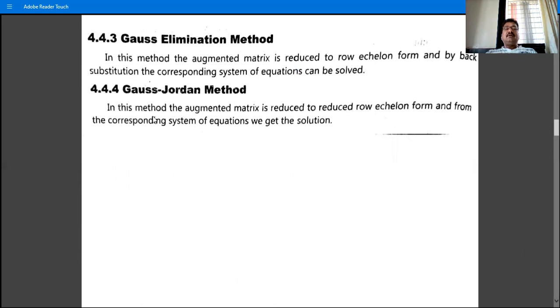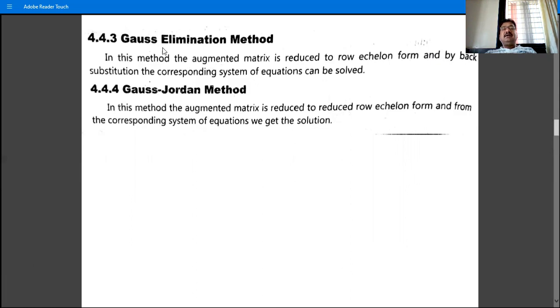And what is the Gauss-Jordan method? In this method, the augmented matrix is reduced to reduced row echelon form. In the Gauss elimination method, we reduce the augmented matrix to row echelon form, not reduced row echelon form. And in the Gauss-Jordan method, we reduce the matrix to reduced row echelon form, and then find the solution of the system.